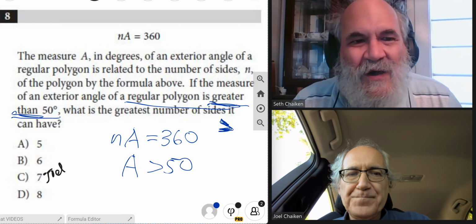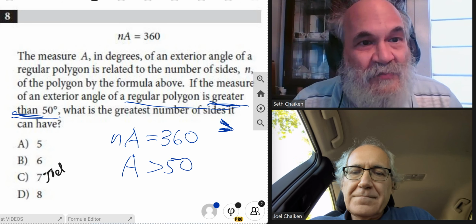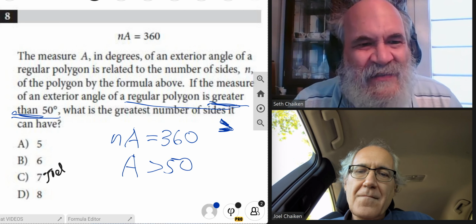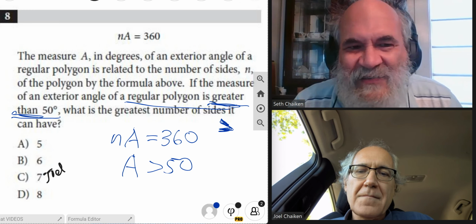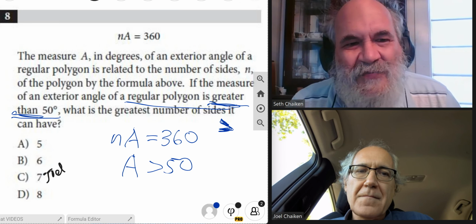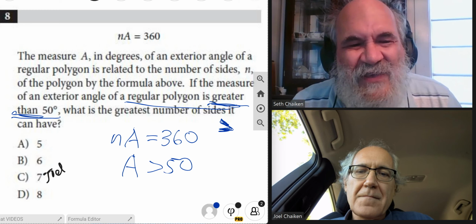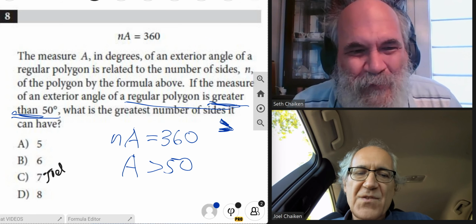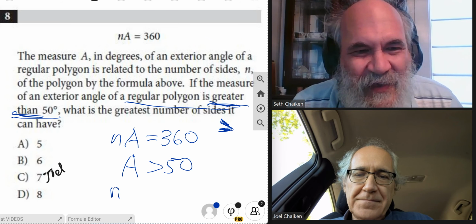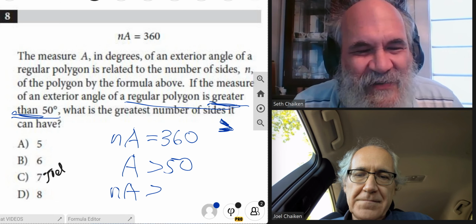And then the problem is about n, the number of sides. So what we could do is combine these facts. If you multiply both sides of this inequality by n, which is a positive number, right? True. We get n times A is greater than n times 50.